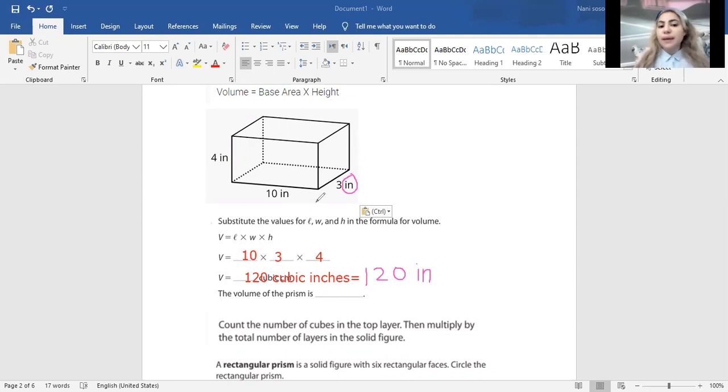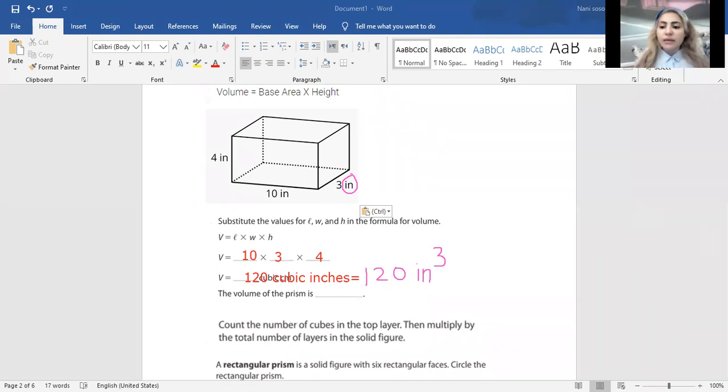If I multiplied the base area, the answer is inch cubic. What is the meaning of cubic? It means that I multiplied 10 inch, 3 inch, 4 inch. So I multiplied 3 units by each other, so I have cubic unit.